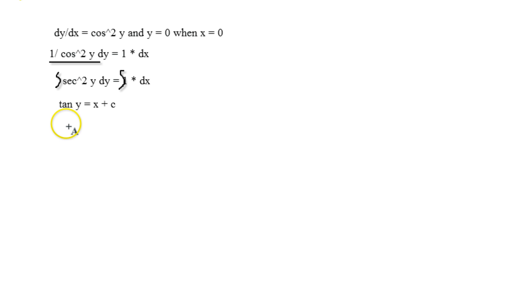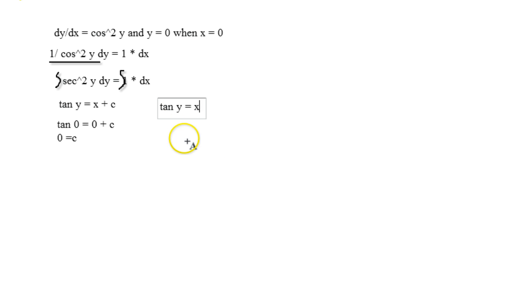Now I'm going to plug in the zeros and everything. So tangent of 0 equals 0 plus c. And if you remember, tangent of 0, I'm just double checking, it's definitely going to be 0. So 0 equals c. So when I go back to here, tangent of y equals x.